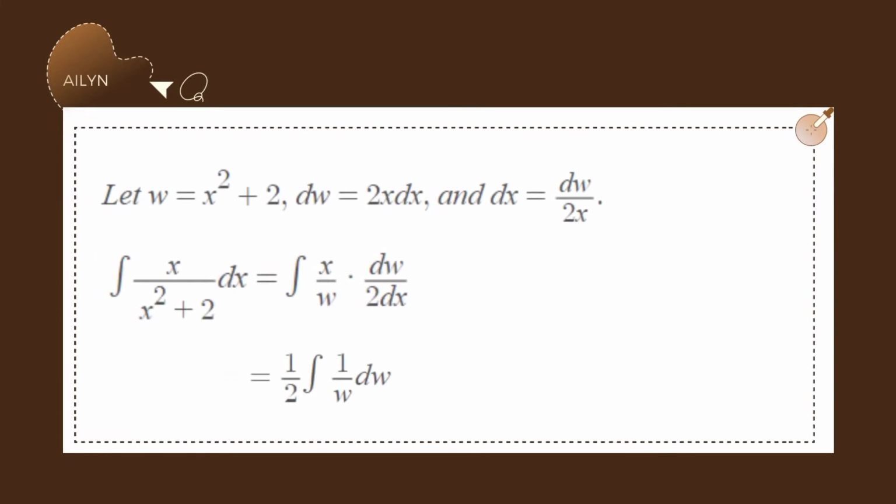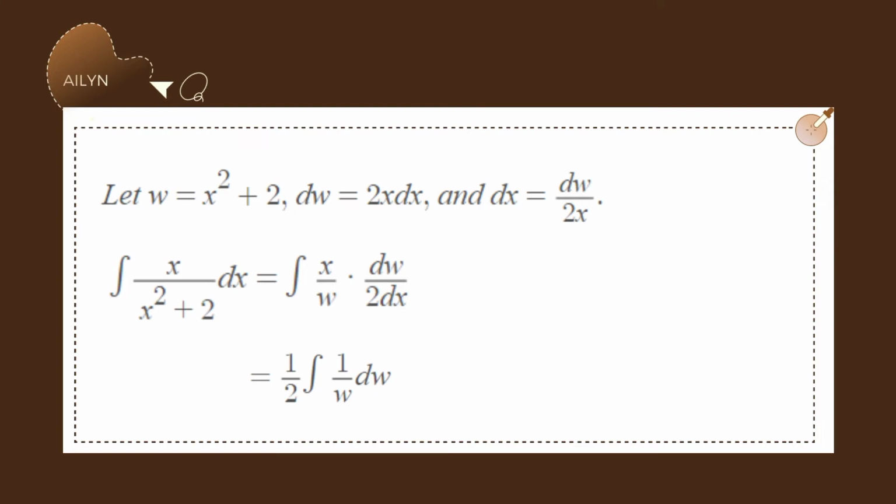Let w equal x squared plus 2, then dw equals 2x dx, and so dx equals dw over 2x. The integral of x over x squared plus 2 dx is equal to the integral of x over w times dw over 2x by substituting the values of w, dw, and dx.